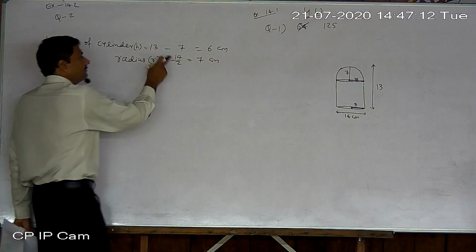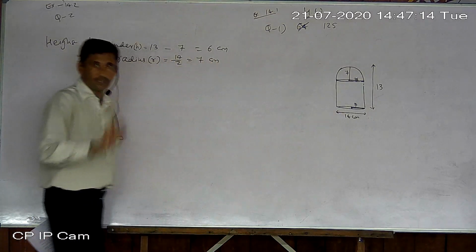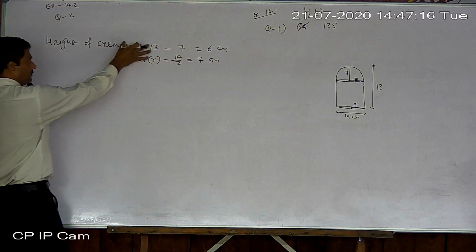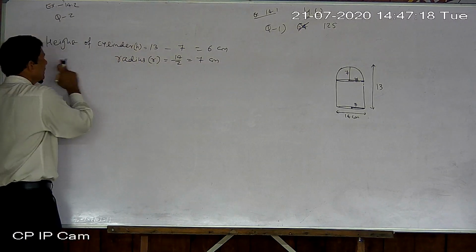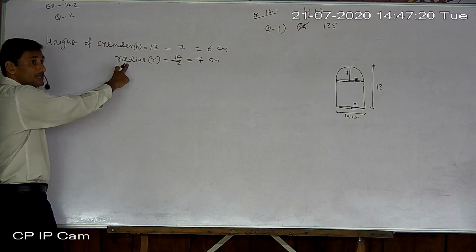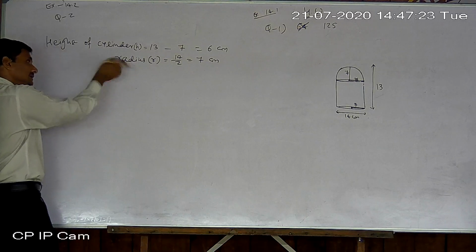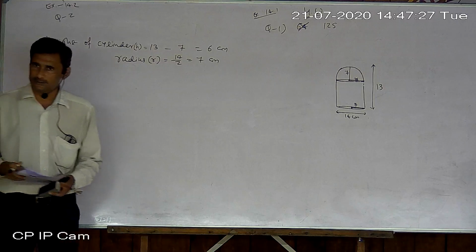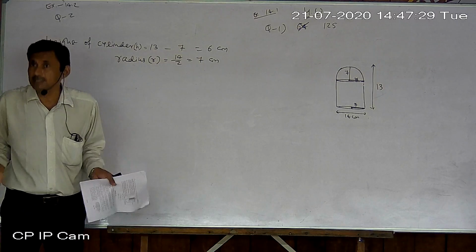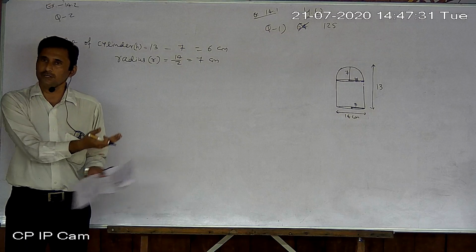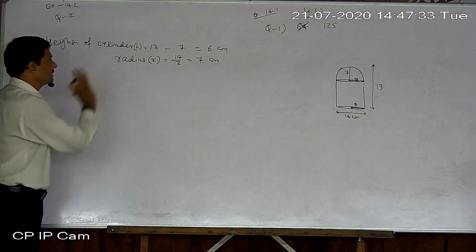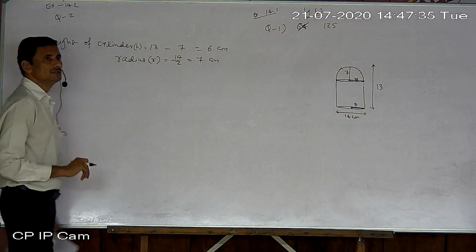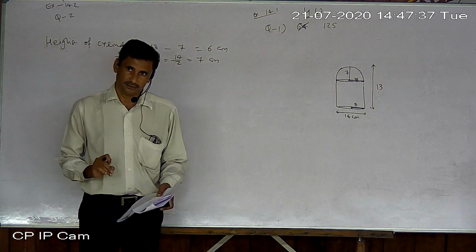And why is it divided by 2? Because the diameter is given, not the radius. Now I have the radius of the hemisphere and of the cylinder, because the radius is equal, so I can write only one radius. If you want to clarify, you can write radius of cylinder as well as hemisphere equal to this. You can write that also. But the radius is equal.